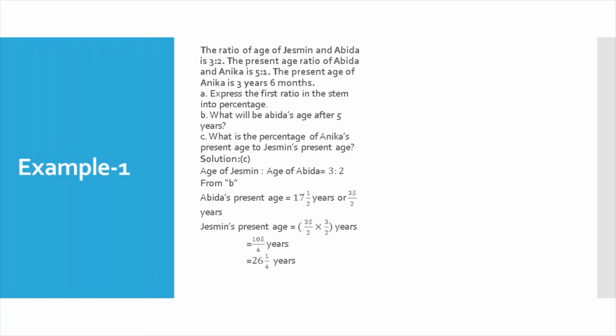So we already got Jasmine's present age is 26 and 1 by 4 years. Anika's present age equals 3 years 6 months. So if we convert these 6 months into years, how can we convert it? 6 divided by 12, because 1 year equals 12 months.